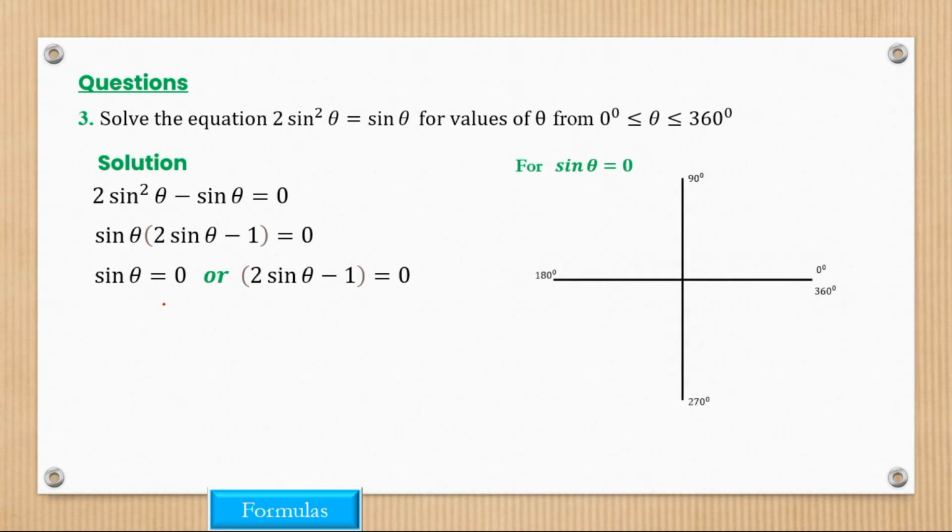And then we can draw our CAST diagram. Sorry about that, so we have our CAST diagram right here. When we have sine theta equal to 0, we know that sine inverse of 0 is equal to 0.